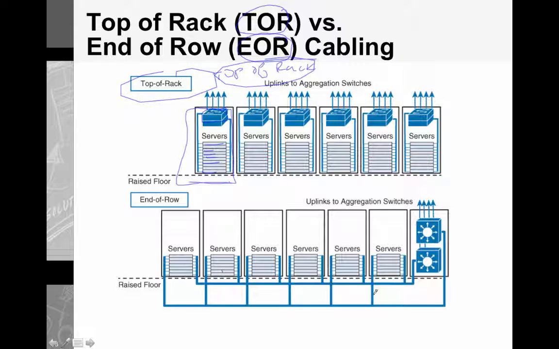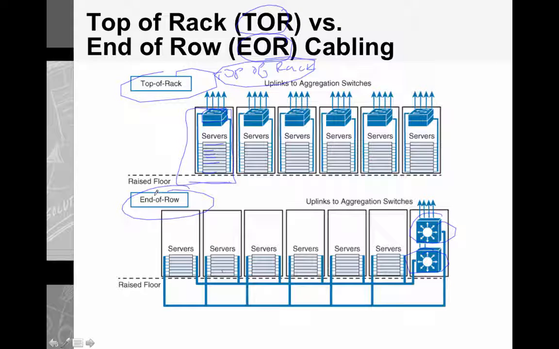Then there is also another kind of switch where rather than having a switch at every rack, you end up having switches at the end of the row. So as you can see, at the end of the row, there is a rack that contains only switches. And there are advantages and disadvantages of using top of rack versus end of row switches.